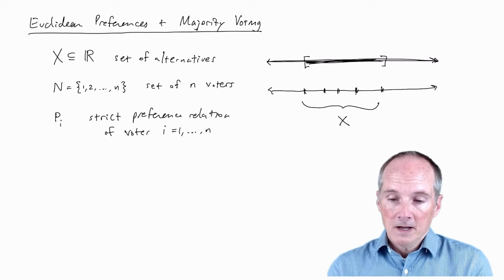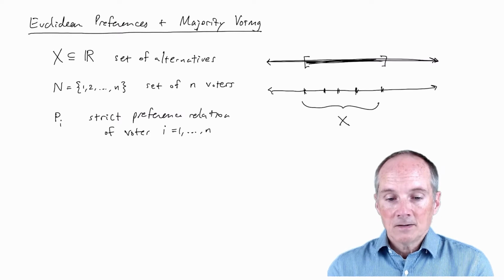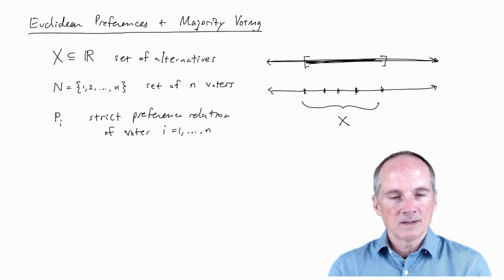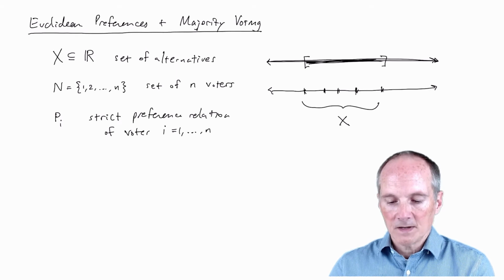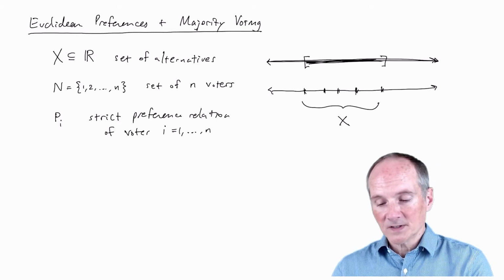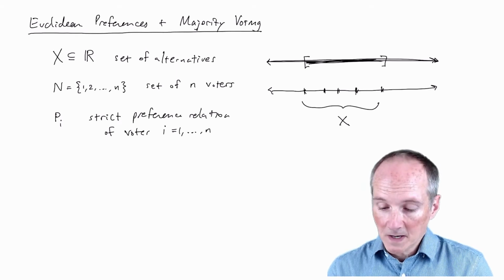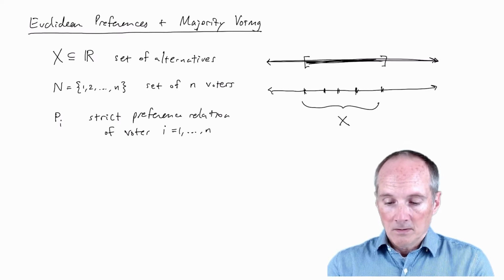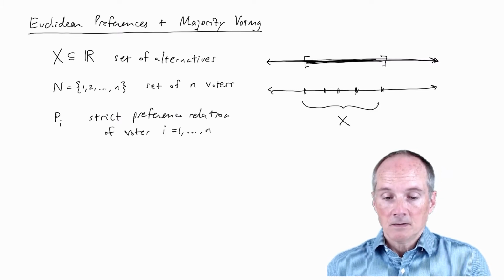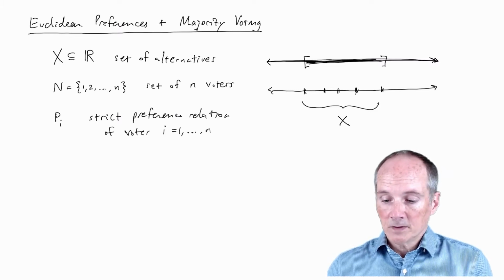And if it's only that ideological characteristic that matters, then you can think about that as a one-dimensional kind of problem. Obviously, you might want to think about multidimensional problems, but that'll be for a different series. So you can think about alternatives in a kind of ideological sense, from liberal to conservative.